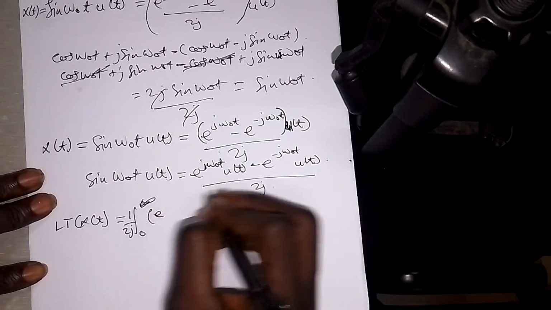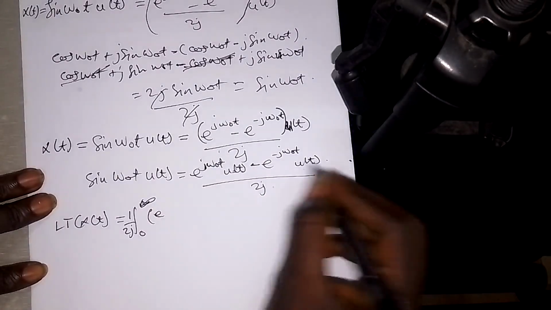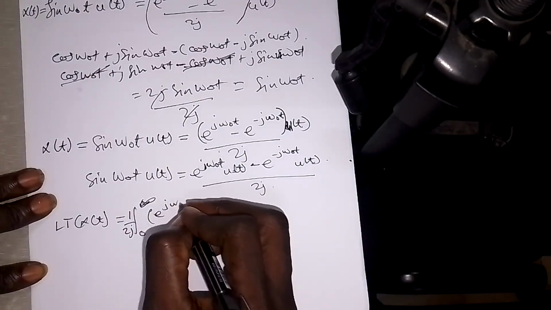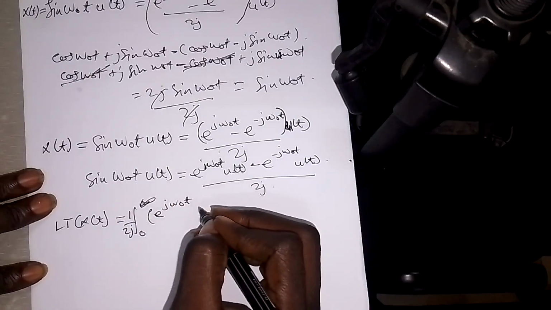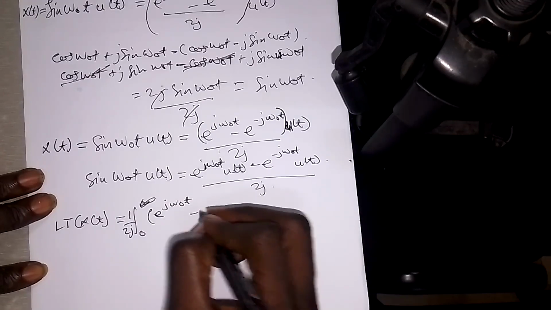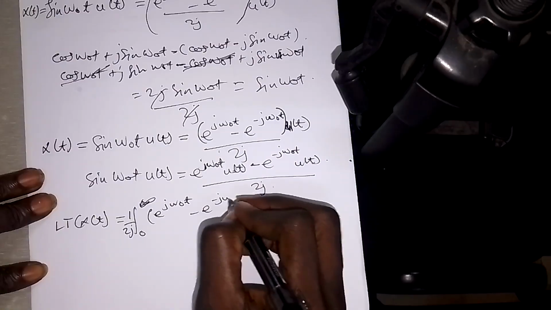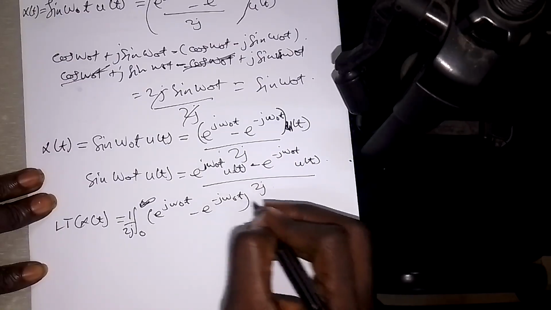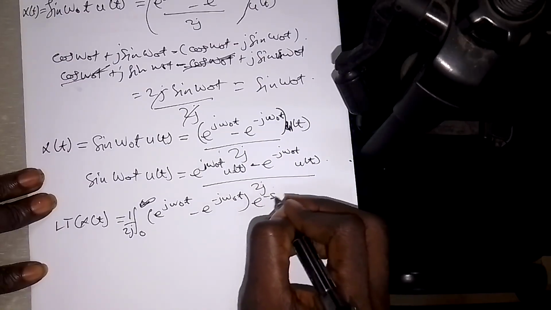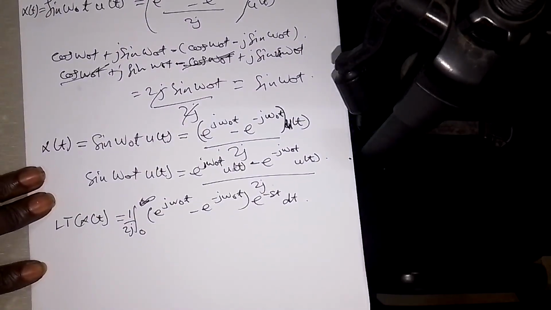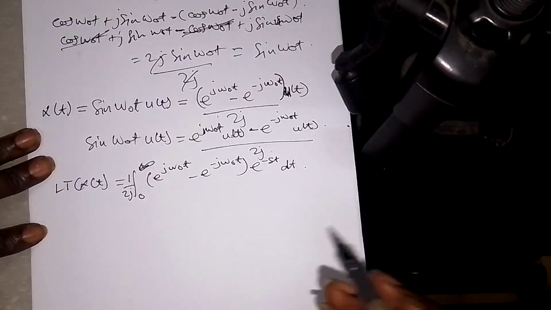Then here I'm going to have e to the j omega naught t, since u of t is 1, so I can ignore it, minus e to the minus j omega naught t, into e to the minus st, dt. So with respect to the Laplace transform, this is what I can have.